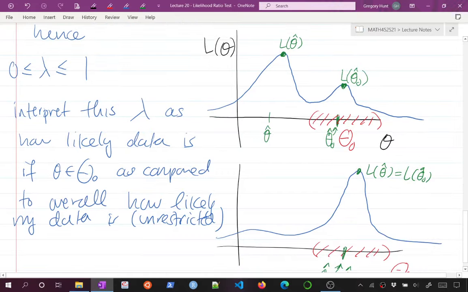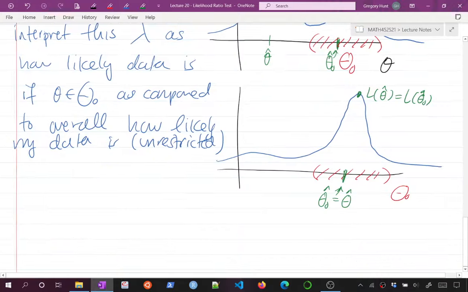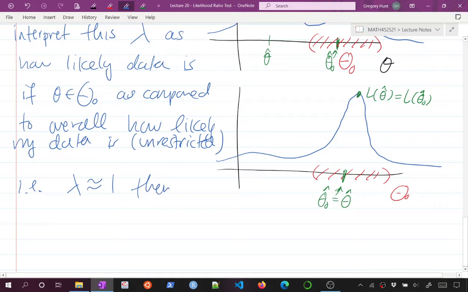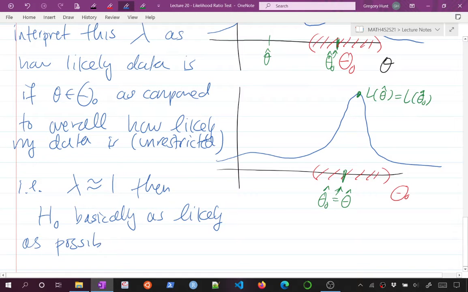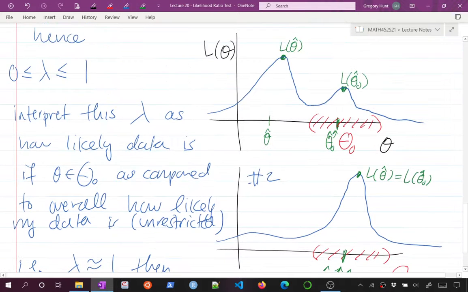So lambda is the ratio of the likelihood at my restricted MLE divided by the overall likelihood at my MLE. If lambda is close to 1, then this says that my null hypothesis, the data having occurred on my null hypothesis, is basically as likely as possible, which is like my second case here, number 2 as opposed to number 1.